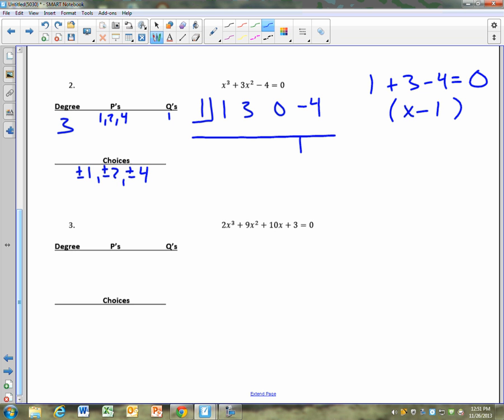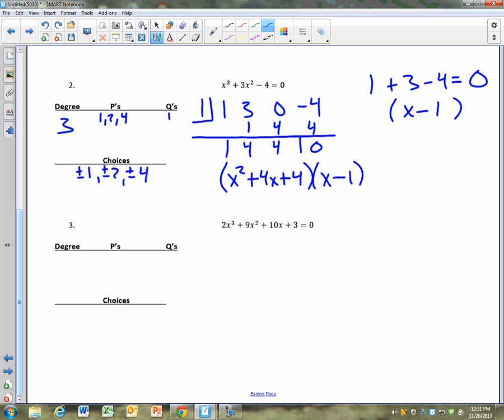I drop the 1 and I multiply. When I divide it, I got x squared plus 4x plus 4.